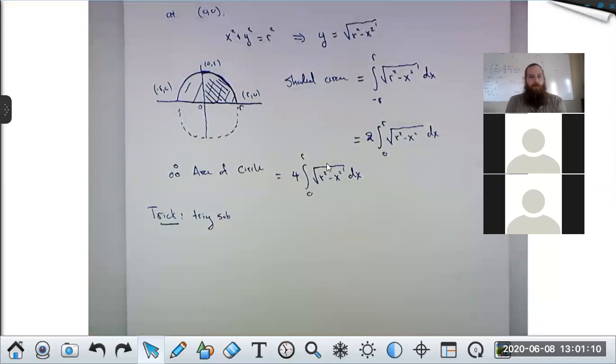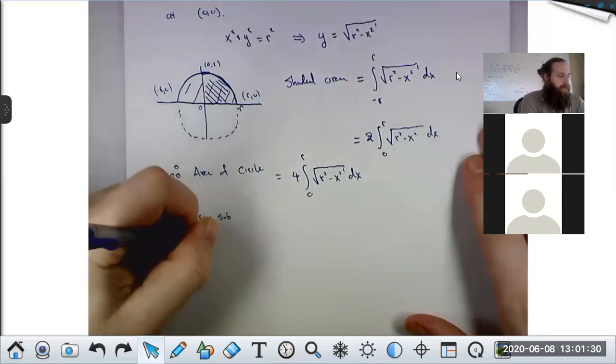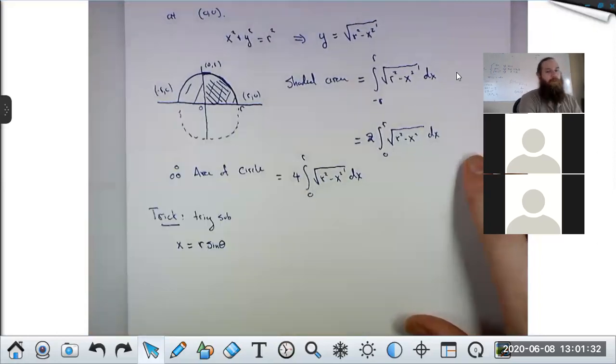Like I might try to substitute z equals r squared minus x squared or something. Here, I'm going to go the other way. I'm going to let x, my old variable, be some trig function of the new variable theta. So I'm going to make the trigonometric substitution x equals r sine theta.